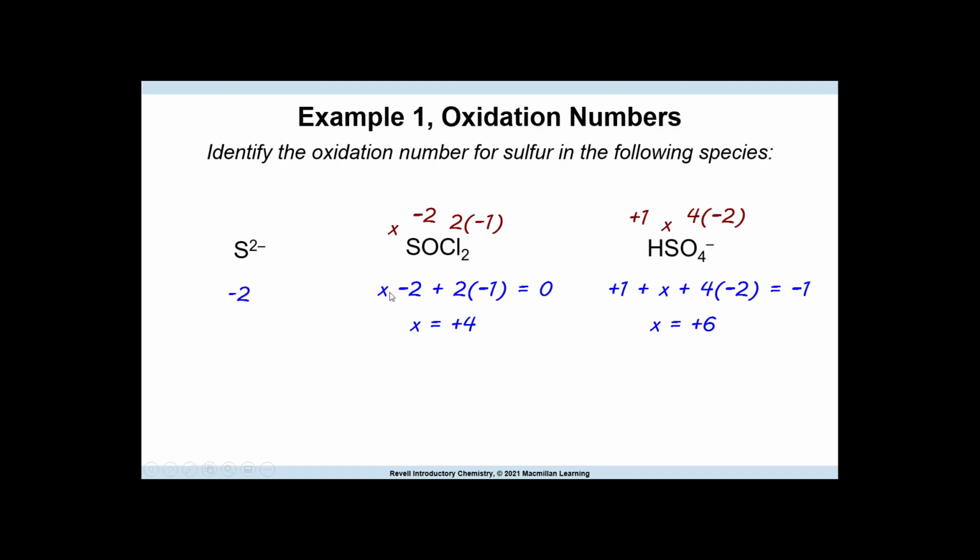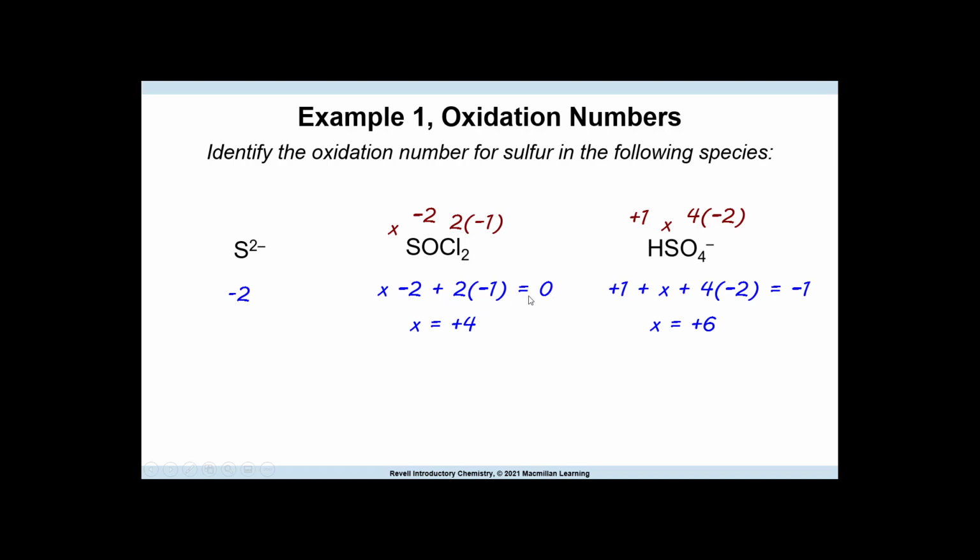So let's pull these out, and what you do is you add them all together. So let's say X is S, so we have an X. And we have 1 oxygen, which is -2. And we're adding them, so we're adding what's by itself and multiplying how many. So we have X minus 2 plus we have 2 chlorines, which are -1. So that's where you see this, and everything equals 0.